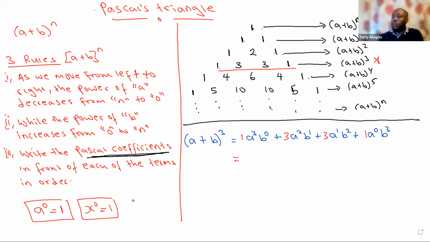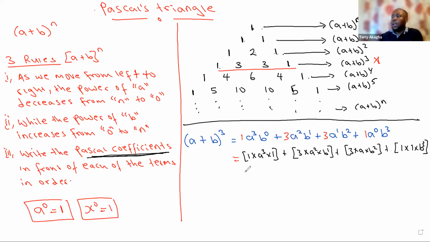So we have 1 times A raised to the power 3 times B raised to the power 0 is 1, plus 3 times A raised to the power 2 times B raised to the power 1, plus 3 times A times B raised to the power 2, plus 1 times A raised to the power 0 is 1 times B raised to the power 3.